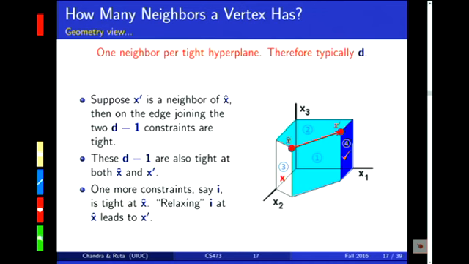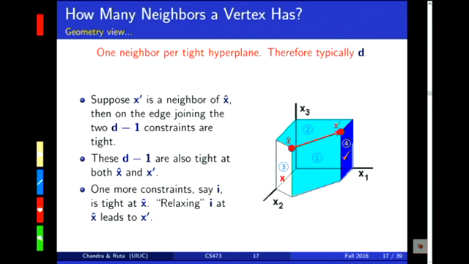But there is an extra hyperplane tight at x hat, hyperplane 3, which is tight here but not on this entire edge.